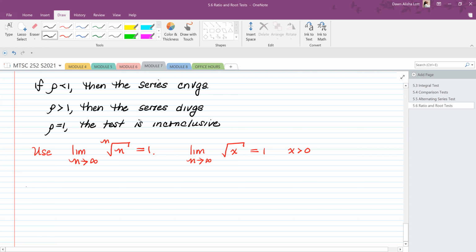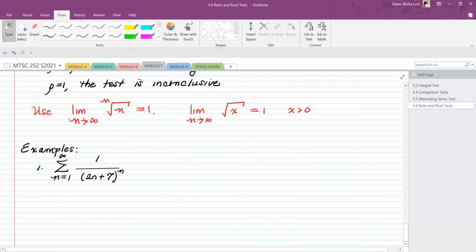So let's look at this. So here are some examples. The first one is easy, quick and dirty. Summation n equals 1 to infinity of 1 over 2n plus 7 to the nth power.